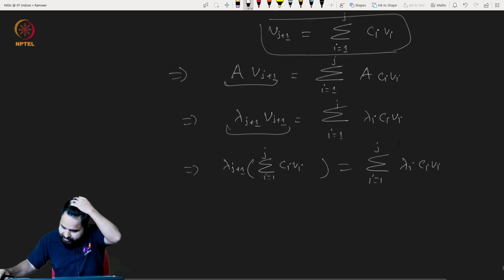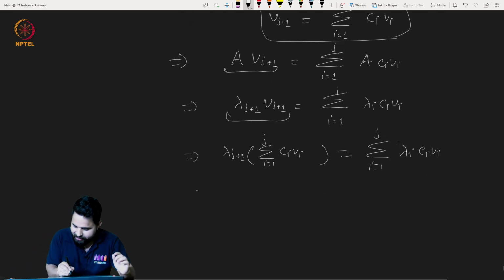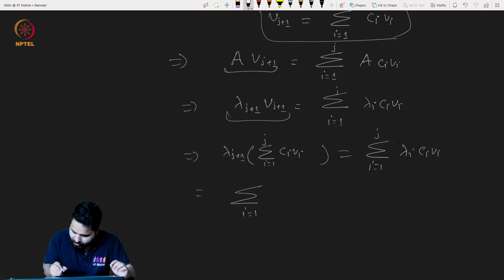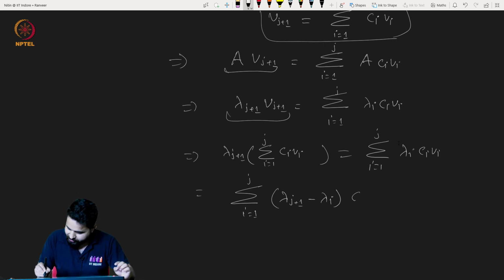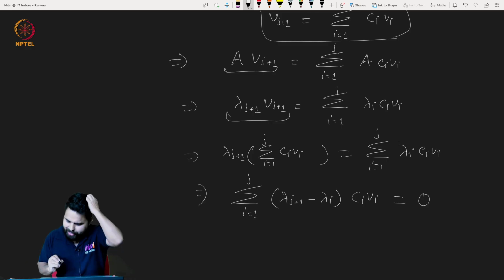Now just rearrange the terms, so you will get the summation i equals 1 to j of (lambda_{j+1} minus lambda_i) c_i v_i, which equals 0.